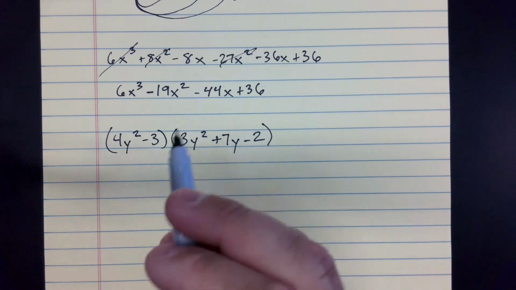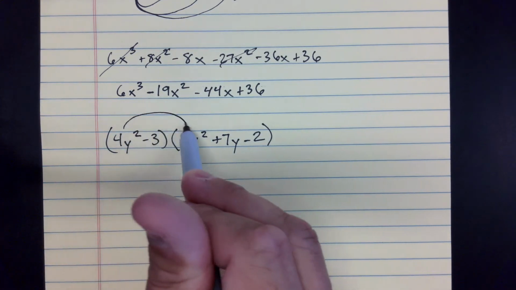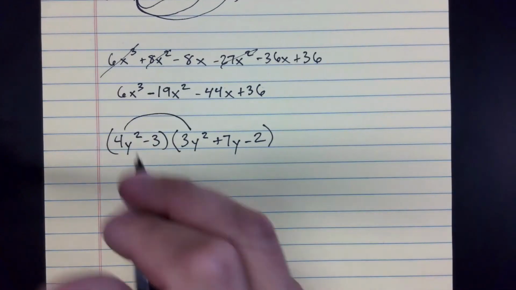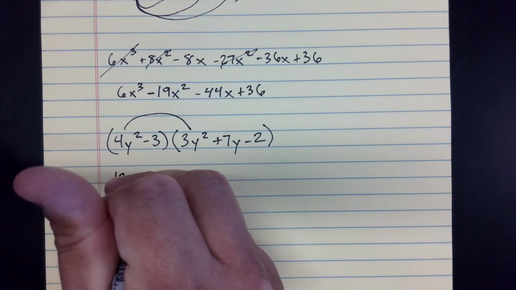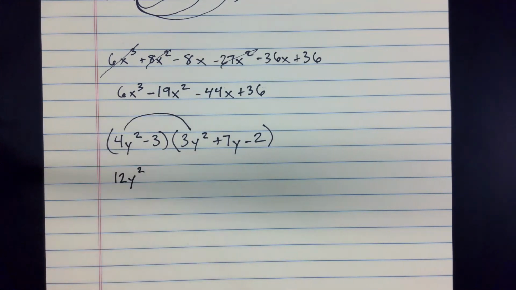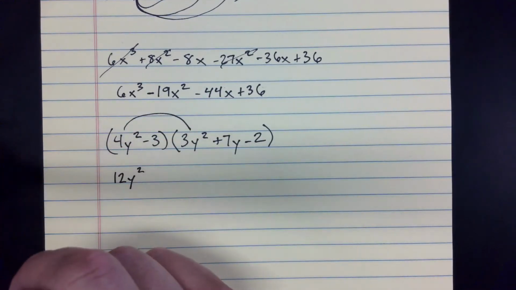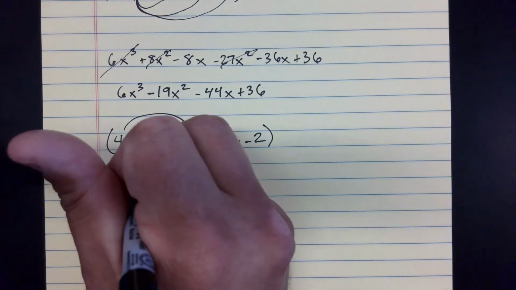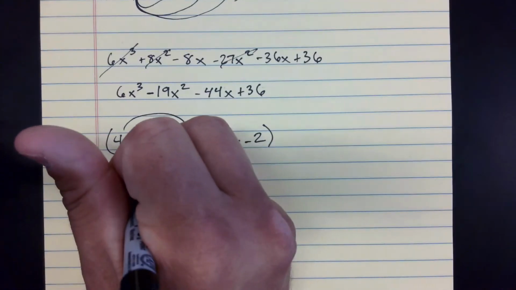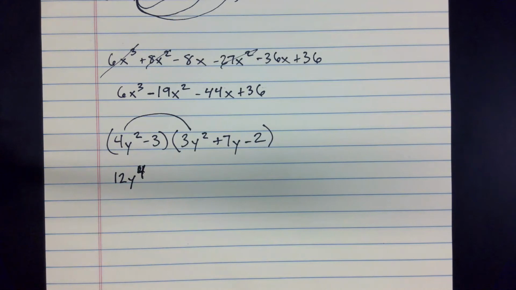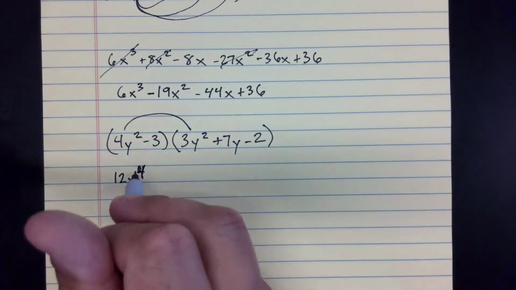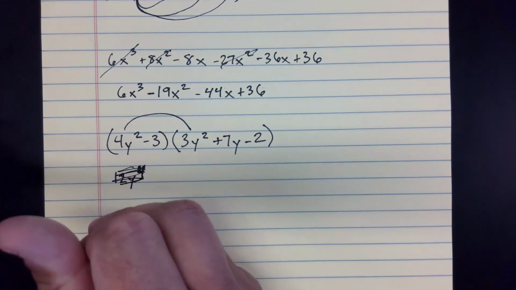Okay, we're going to take the 4y squared, we're going to multiply it to the 3y squared, which gives us 12y squared. Am I right? Yes. Why is that wrong? Good. Thank you, somebody, for doing that. Why is it to the 4th? Thank you.